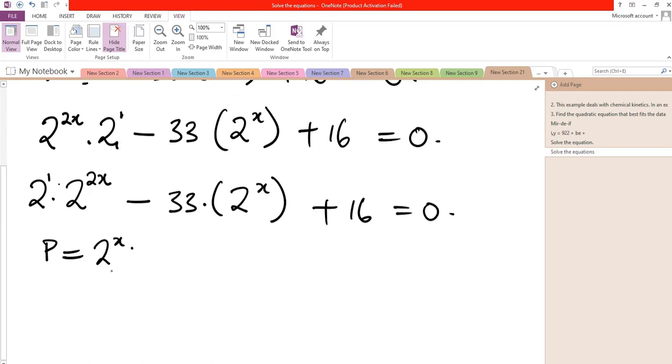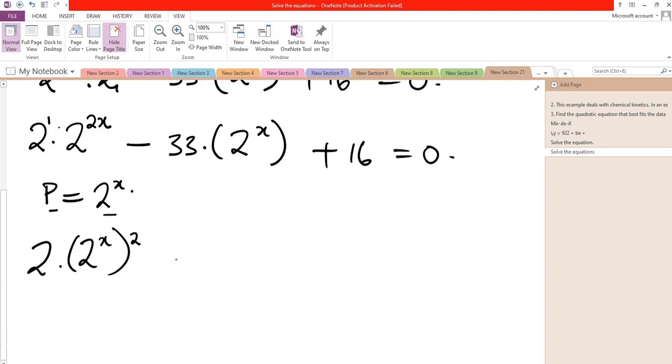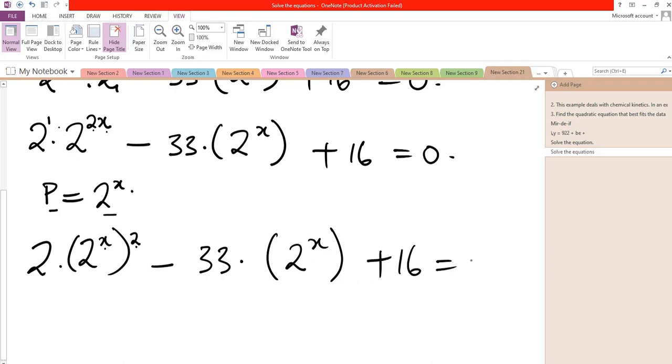So anywhere we see 2 raised to the power x, we replace it with p. So here we have 2 times 2 raised to the power x, squared, because now 2 times x is the same as 2x, minus 33 times 2 raised to the power x plus 16 equal to 0.